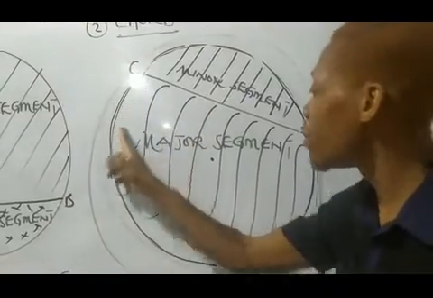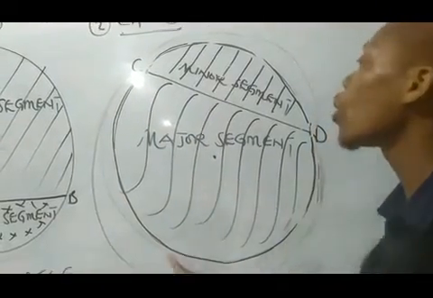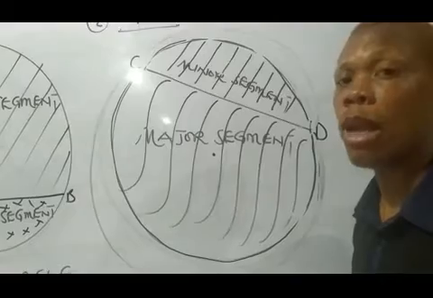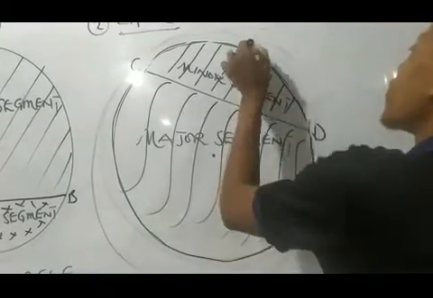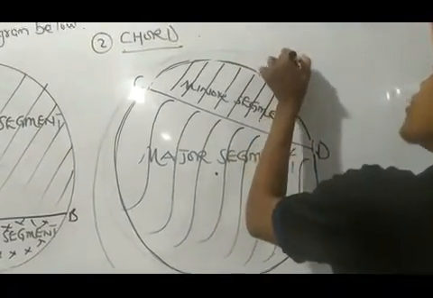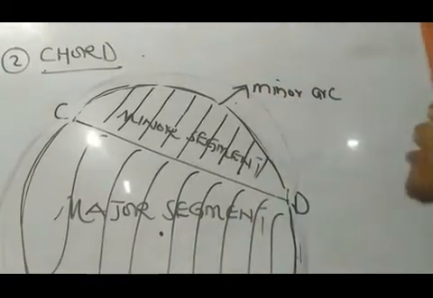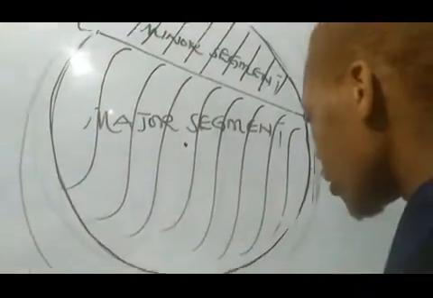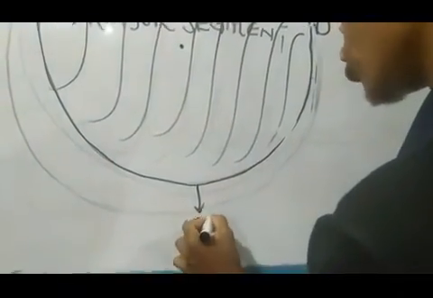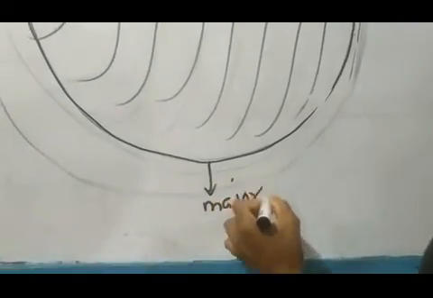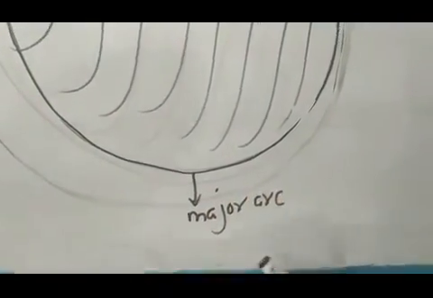And because this is bigger, we call this the major arc. So this one here is the minor arc, and this side is the major arc.